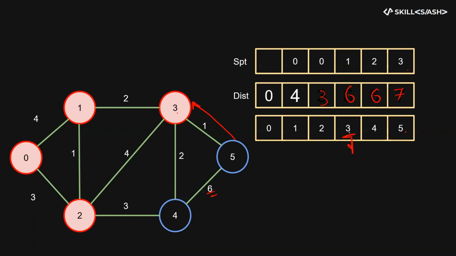Node 3 is reachable with the least weight 6 via node 1. 1 is reachable with the least weight of 0, and we are done. If it would have been 6, then it would have been like this, right? This wouldn't be there. So with these two relationships, we can find our shortest path very easily. So this is the shortest path algorithm of Dijkstra.